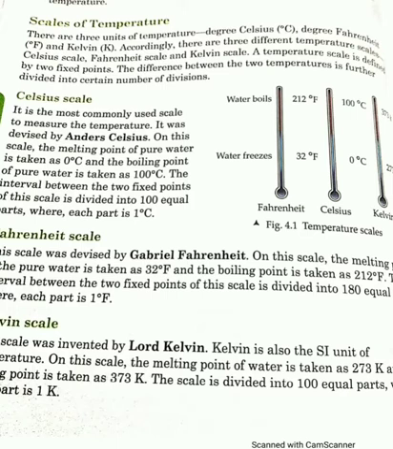A temperature scale is defined by two fixed points, the lower one and the upper one. The difference between the two temperatures is further divided into a certain number of divisions.